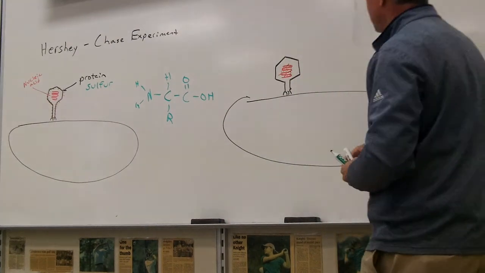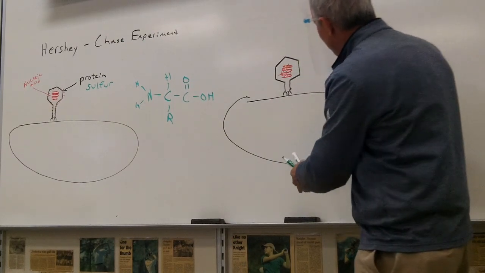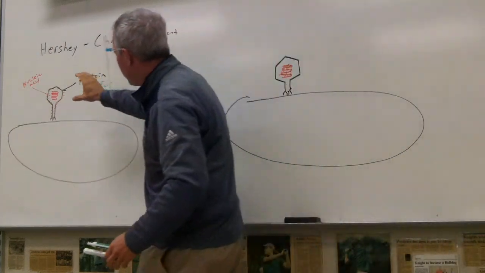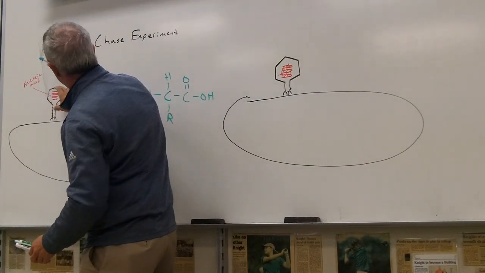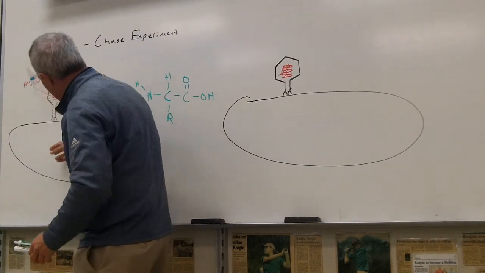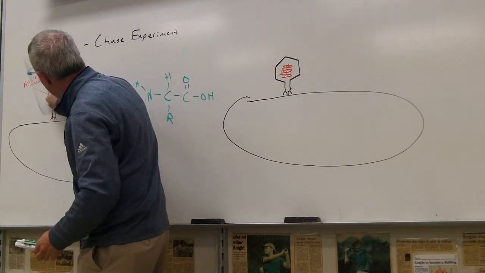They grew viruses in cells that only had S35 as a type of sulfur. And so all these viruses that grew had to use that S35 sulfur. So now their proteins glow.